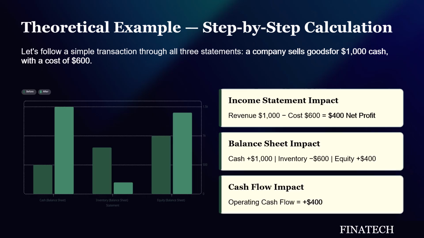And the cash flow: operating cash flow is $400. You see, the three statements are interconnected and cannot be used alone. You must use all three together if you want to analyze financial statements.